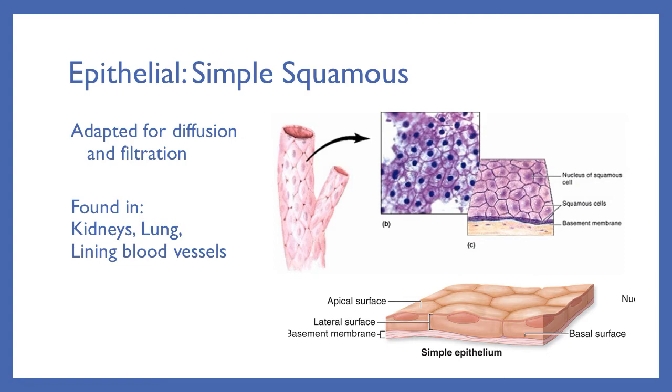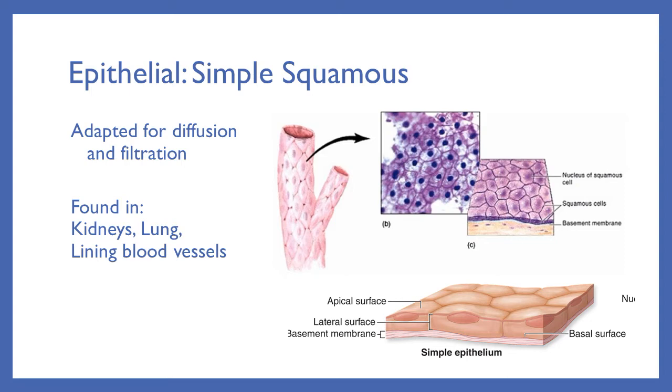Because these cells are so thin, creating just barely a layer of cells, they are perfect for diffusion and filtration. Substances are going to easily be able to travel through a single layer of a squamous cell. Because of that, we're going to place them in locations where we want something to cross the cell membrane and diffuse into or out of the body.